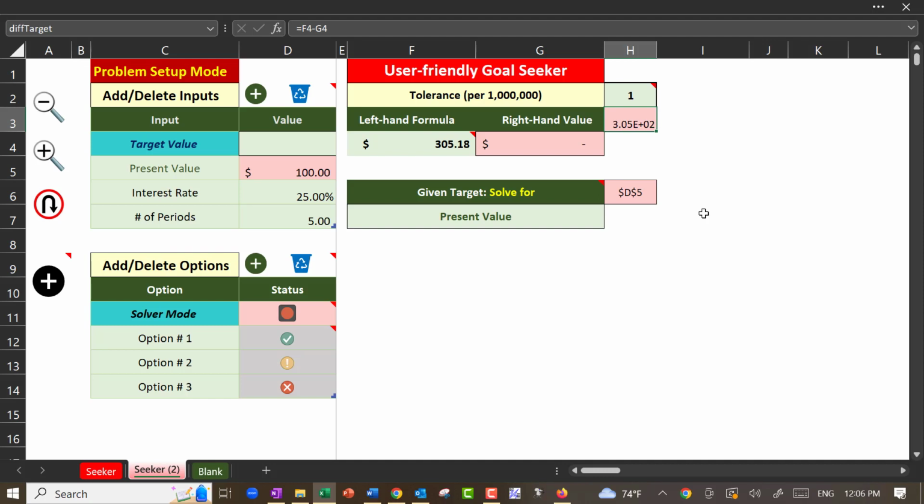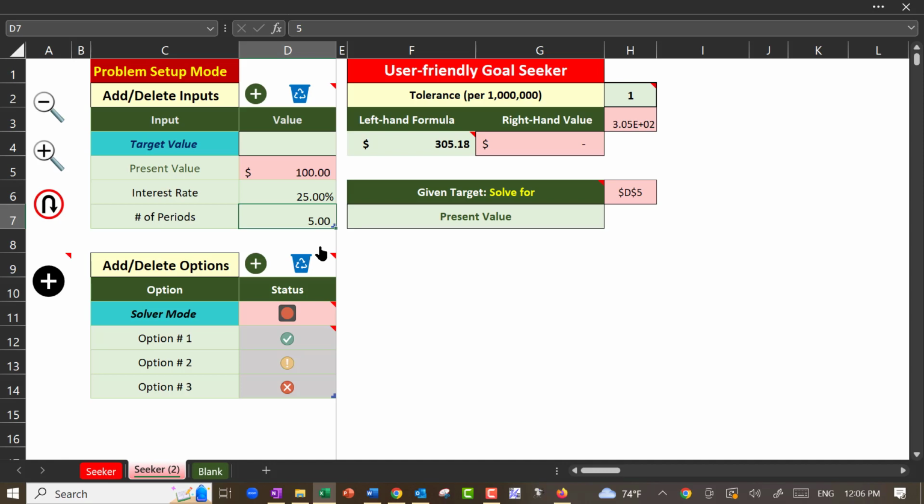But suppose I wanted to ask the following question. I want to have $5,000 in my account 10 years from now. How much should I invest now? Okay. That's the inverse of present value. We actually have a formula for that.